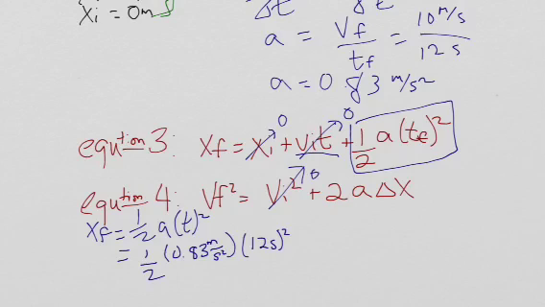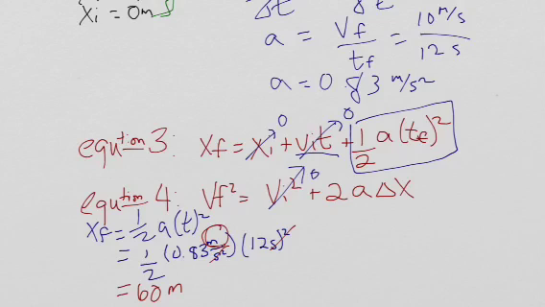I've put in all my units, and this is going to work out because the units for acceleration are meters per second squared, and if I'm squaring my time, I end up with seconds squared. These cancel one another out, which leaves me with the unit I'm looking for. Punching all this in, I end up with 59.76 meters, and if I round that, I get about 60 meters.